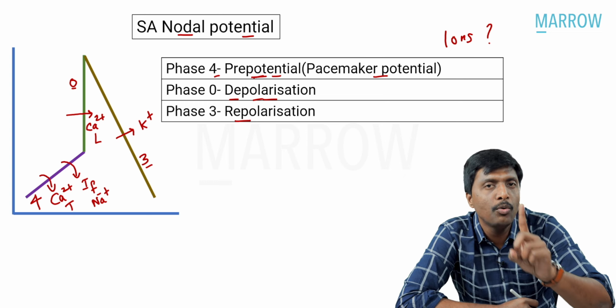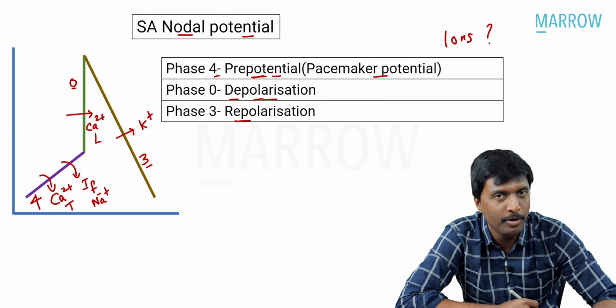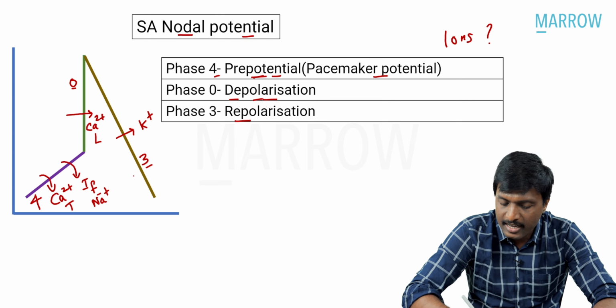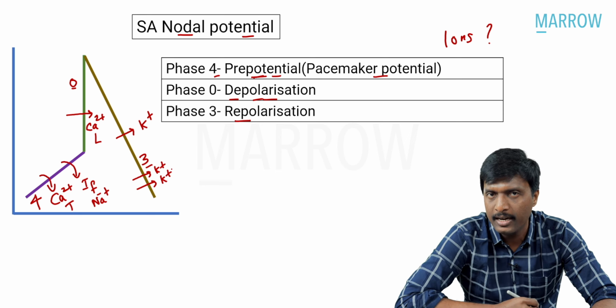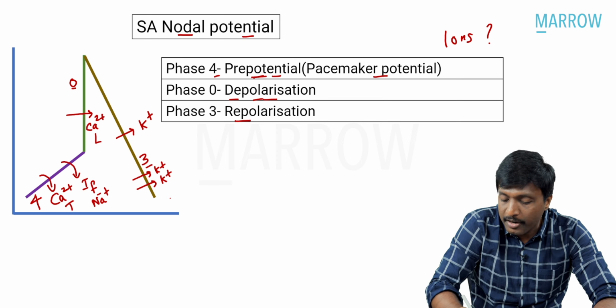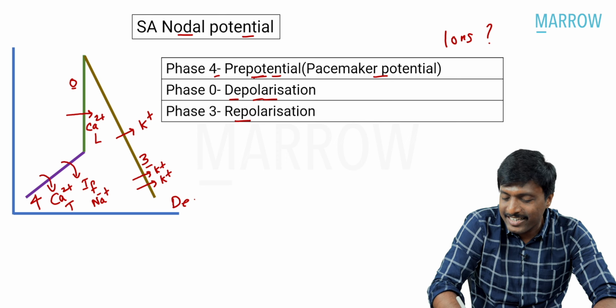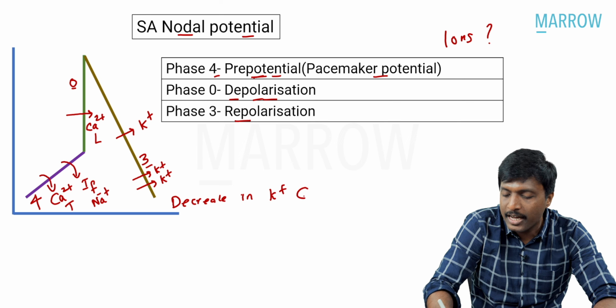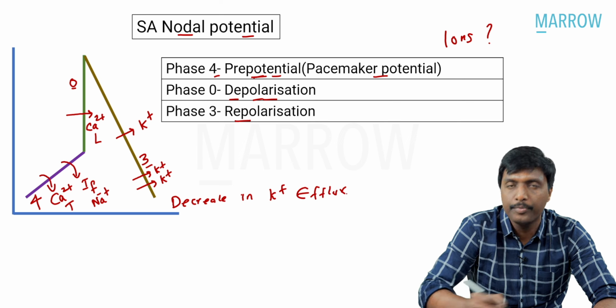We are left with only one last cause for prepotential. What is that, sir? We can clearly see potassium ions are moving out. We are getting repolarization. At one point, there will be a decrease. Listen very carefully. There will be a decrease in potassium that is moving out.